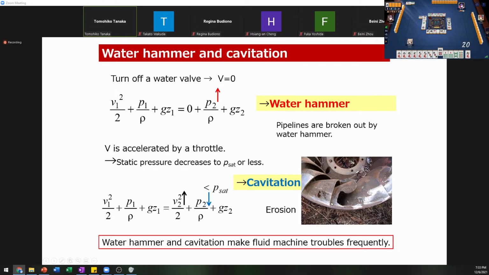This is a kind of example of erosion. The bubbles damaged the propeller. So you have to know this kind of phenomena, as water hammer and cavitation frequently cause fluid machine problems. Okay.